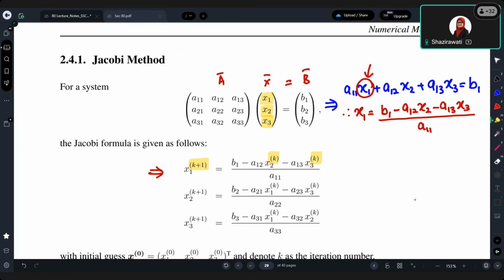Understand? Right, now the same thing for the second row. Based on the system, you have A21x1 plus A22x2 plus A23x3 equals B2. So now, from equation number 2, you take out x2 as the main subject. Then you will get the second equation, x2 at k plus 1, and so on.